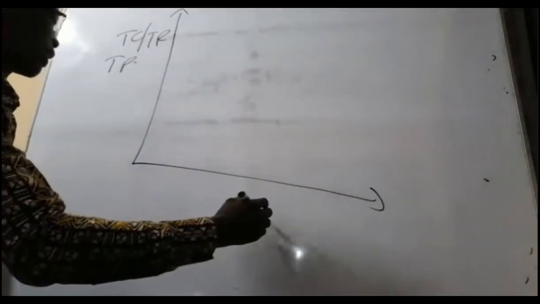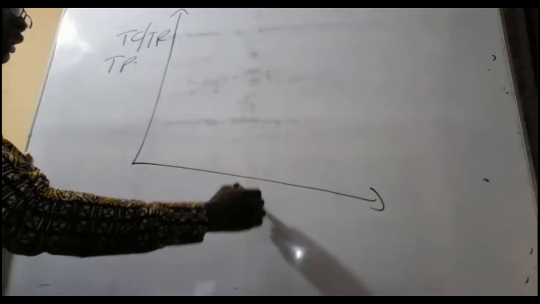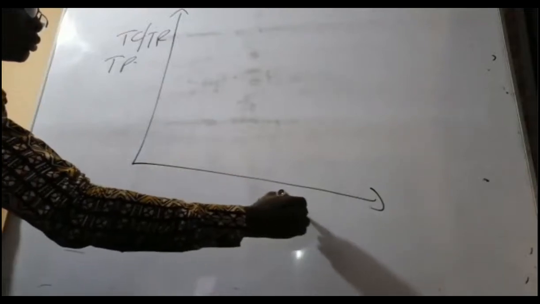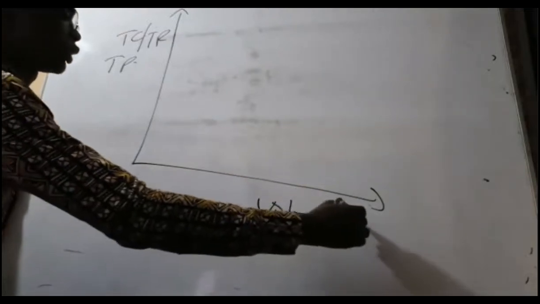The graph looks like this. So this is the level of total cost, total revenue, total profits, all of them. This is the output, the volume or output.